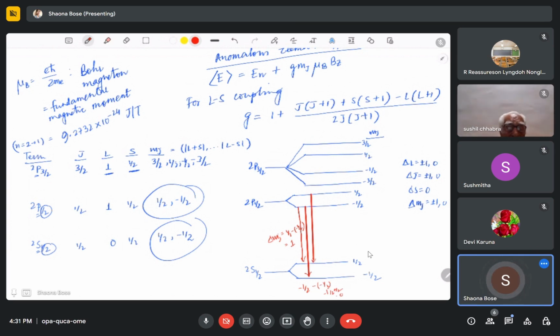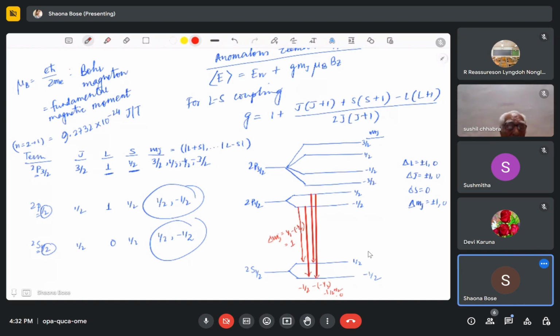Okay, plus half to half, similar reasons, we will have this one too, because del m is 0 here. And this one, again, yes, del m is minus 1 here.